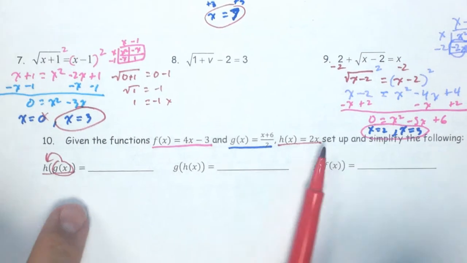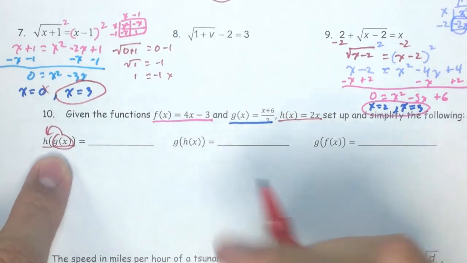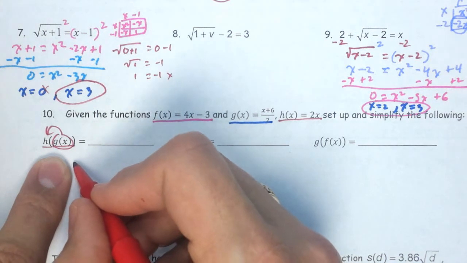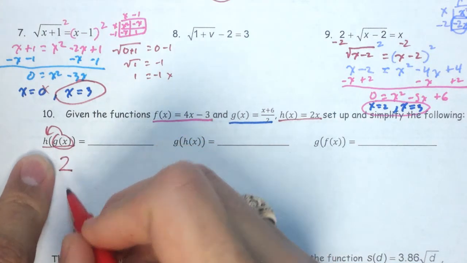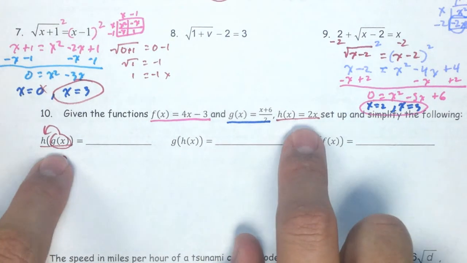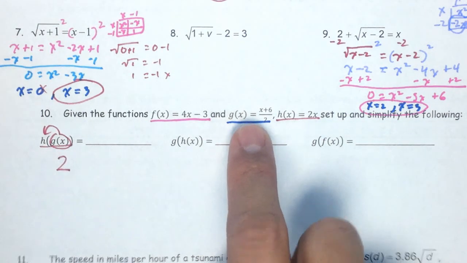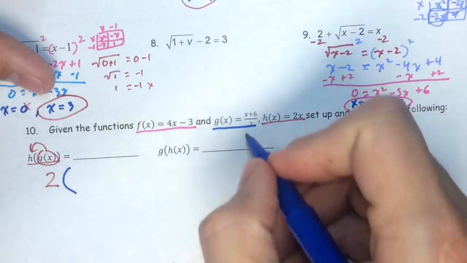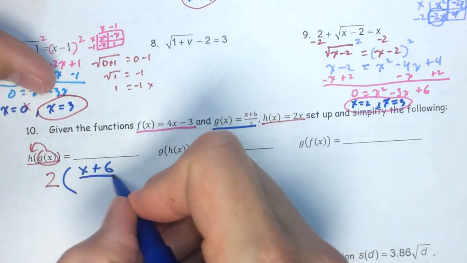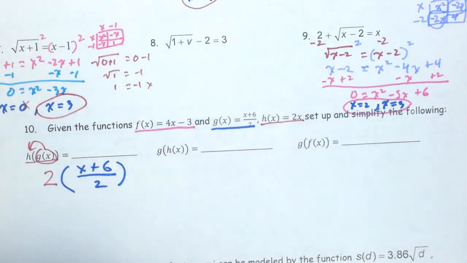So I'm going to write all of my h out. h is 2x. So 2, and instead of x, I'm going to go ahead and put g in. G is all of this mess. We have x plus 6 over 2.